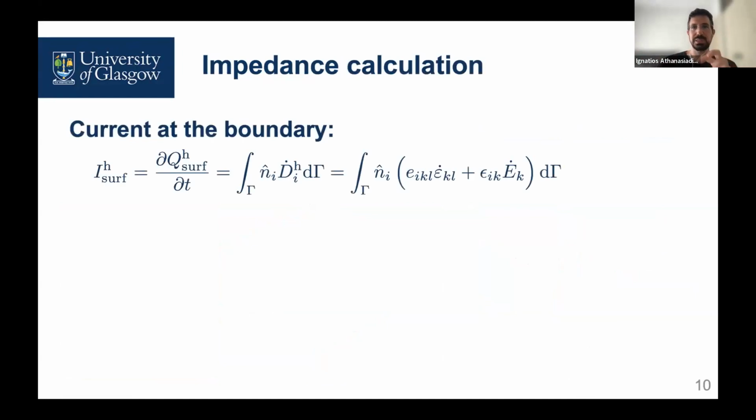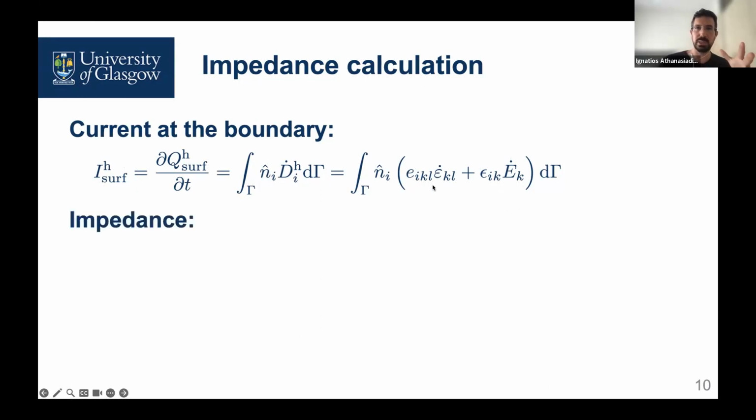So something similar is happening for the case of the finite elements, where we apply the same boundary conditions, but we want to evaluate on that surface that we apply the voltage pulse, the changes of the charge. And this change is evaluated like this. We take into account the charge on the surface, and we find the time derivative of this. So the charge is essentially the surface integral of the normal projection of the electric displacements, which is evaluated by this expression.